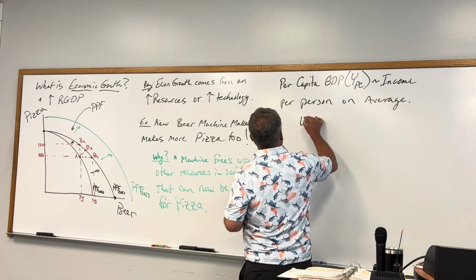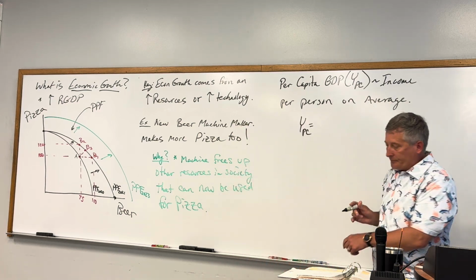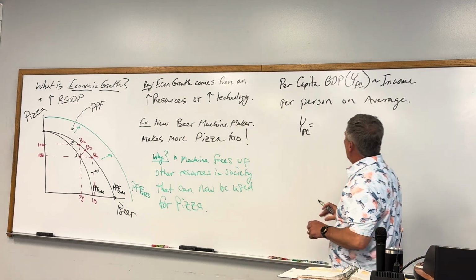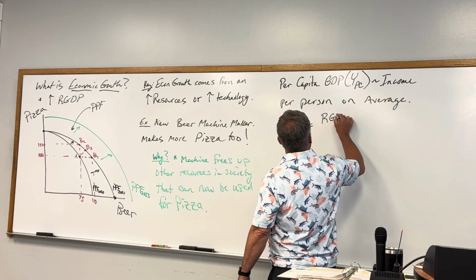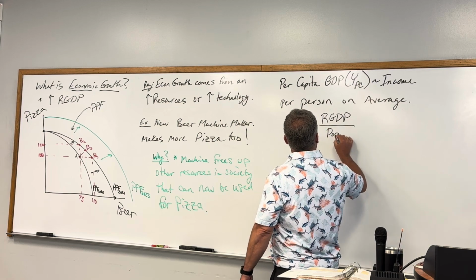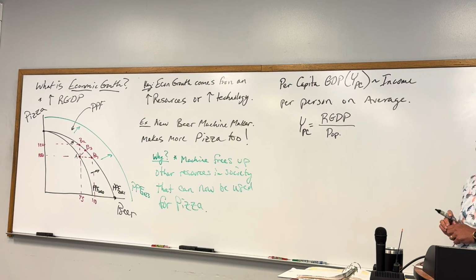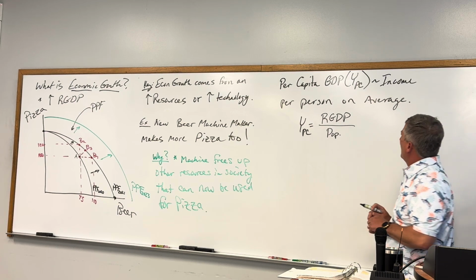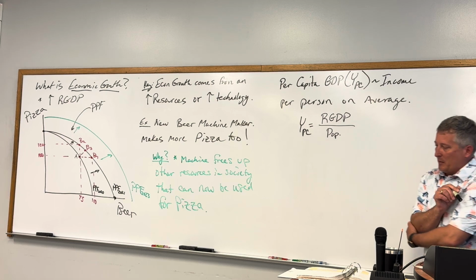And so we get per capita GDP by taking our income. We can take real GDP, we could take nominal GDP even, and divide by the population. So that gives us our income per person that we can measure.